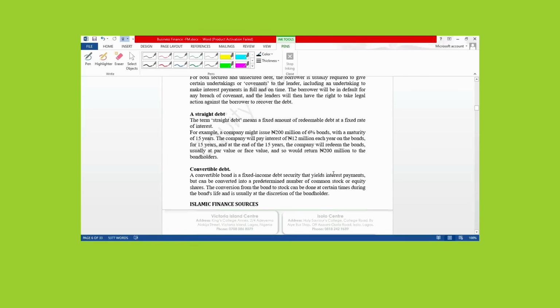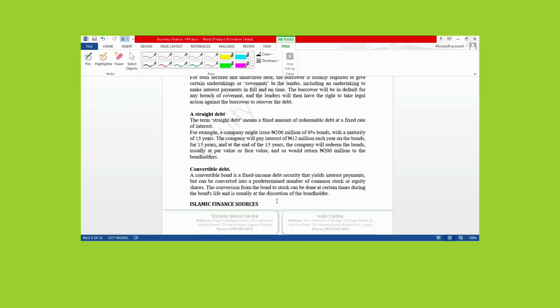Now the question is, is preference share equity finance or debt finance?